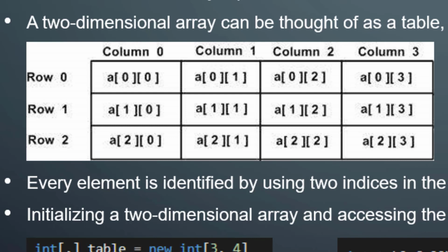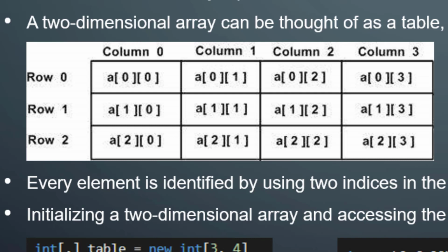Every element is identified by using two indices, in the form of the name of the array, open bracket, X, Y, close bracket. So if you want a value, you give it the name of the array, pass an index for X, and pass an index for Y. Let's say you passed X0, Y0.